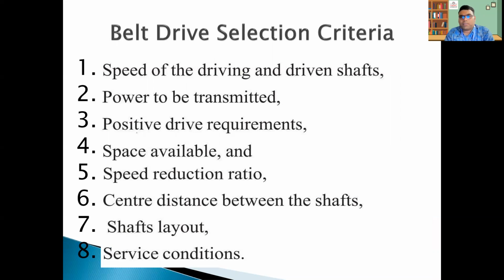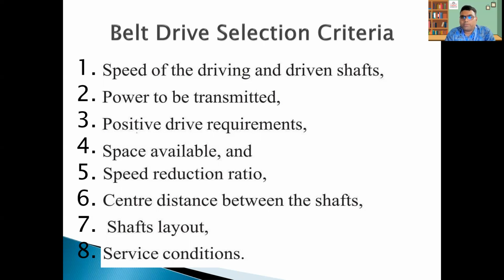Belt drive selection criteria. These are some criteria we consider while selecting the belt drive. The speed of driving and driven shafts and the power to be transmitted, that simply means how much power needs to be transmitted to the driven shaft. That condition is very much required.